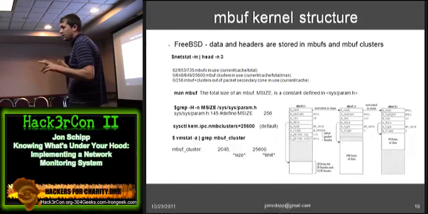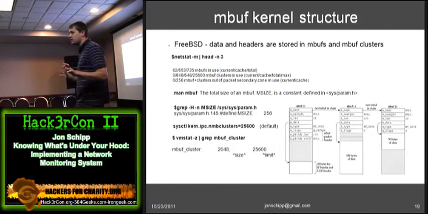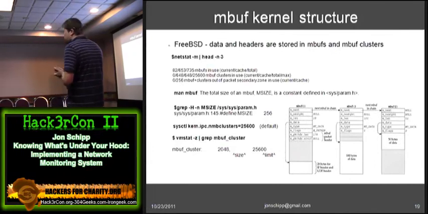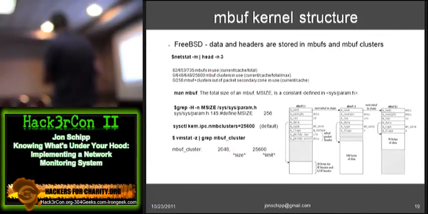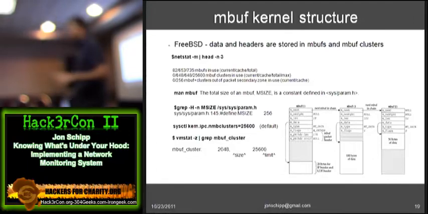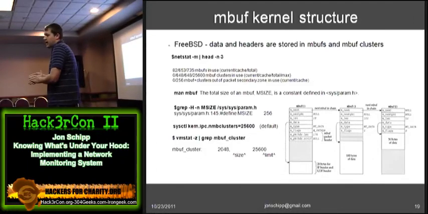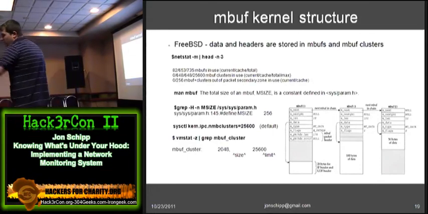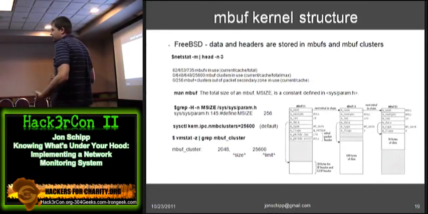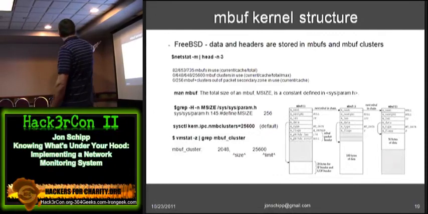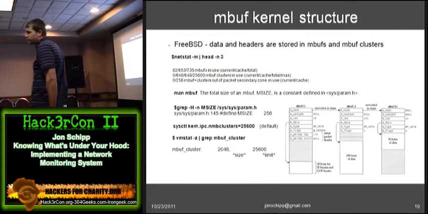So depending on how much data there is, you might have to increase the number of MBUFs. And that is only for host stack processing, though, which we'll get into for high-speed packet capture. We'll probably need to bypass the host stack all the way to become efficient in packet capture. And if you're interested in MBUFs, you can view them by looking at netstat -m. It gives you the number of MBUFs in use and the total that you can use.